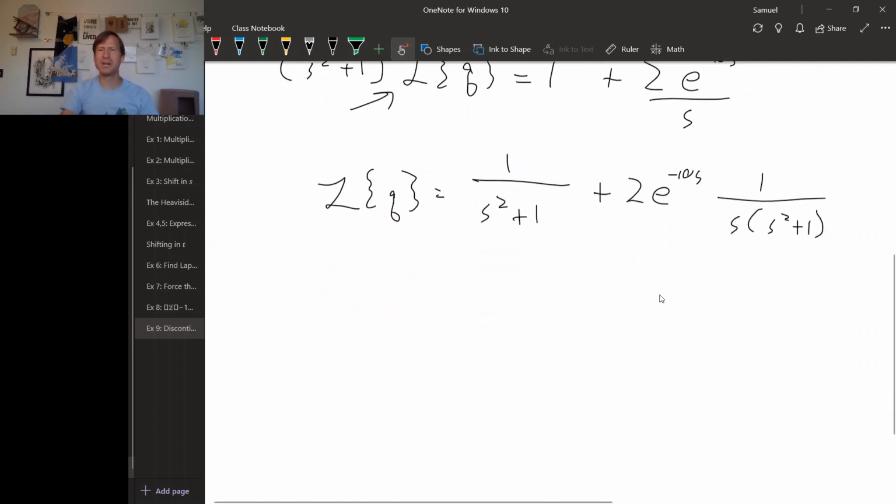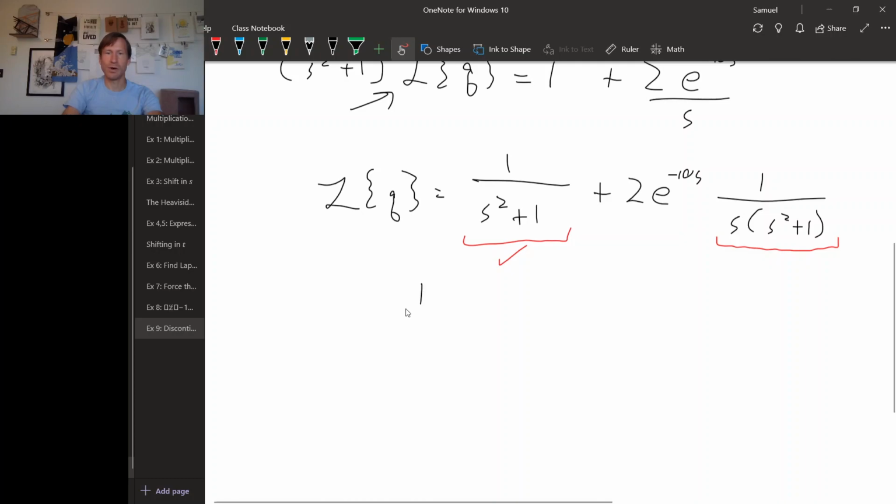Now think about taking an inverse Laplace transform here. This first term, we recognize that one. That's going to give us a sine, so this one's no problem. But the second term, to take the inverse transform of this, we're going to need to do partial fractions to make this denominator simpler.